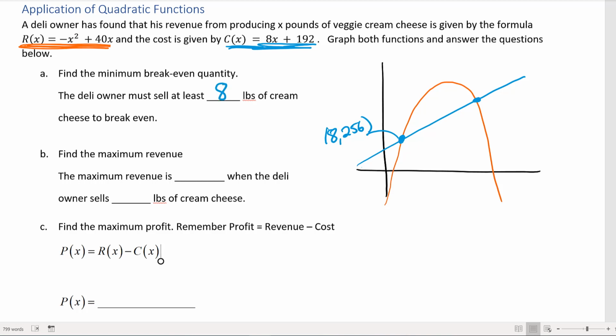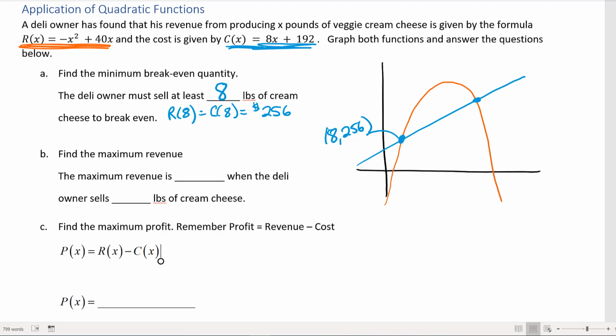What does the 256 mean? Well, the 256 means if I have 8 pounds of cream cheese, the revenue is going to equal the cost, which is going to equal $256, which is what it costs the deli owner to make the 8 pounds of cream cheese.